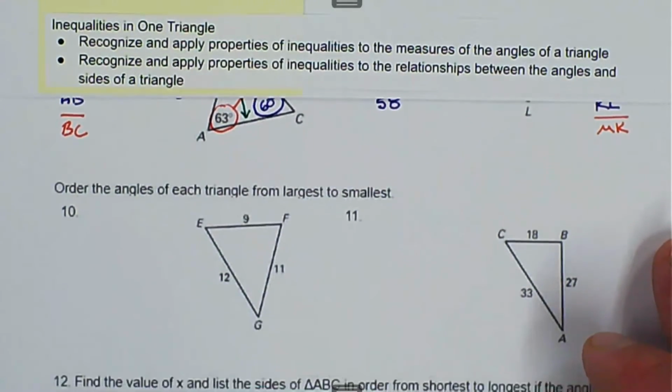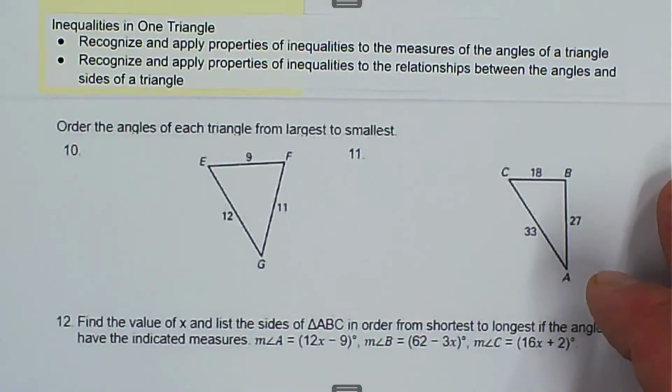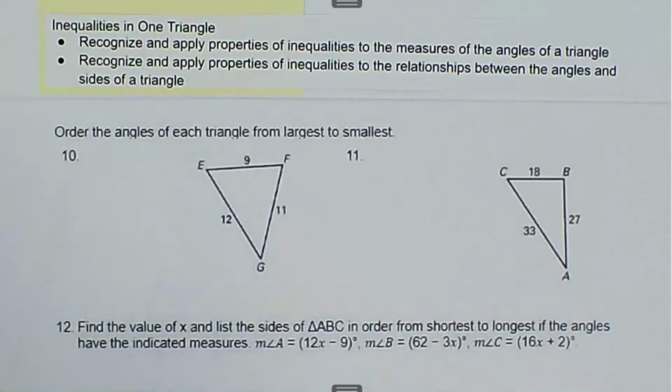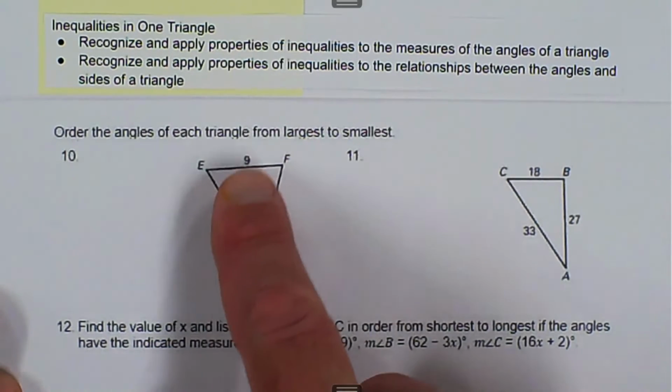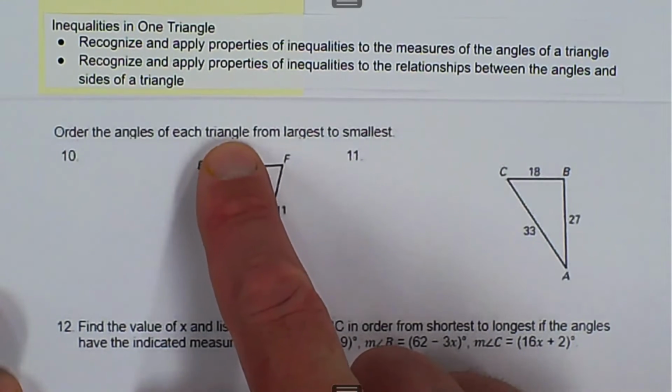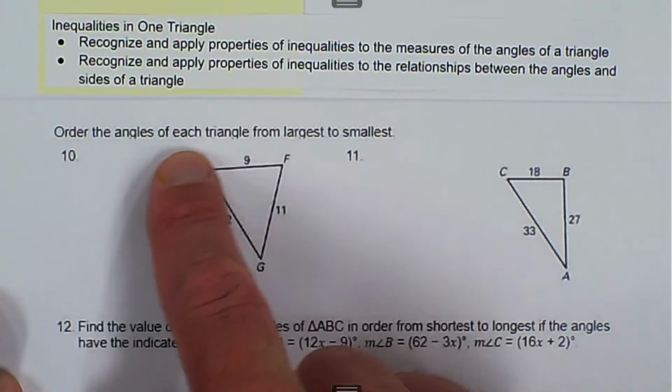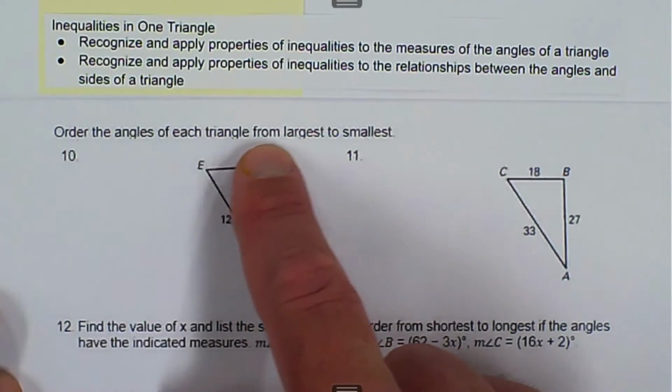We can also check in order the angles from largest to smallest. This one's a little bit easier to see sometimes, and it's the same idea. Whatever the largest side is, the largest angle is opposite. So if we look at 11, 12, and 9, this one's a little backwards. We want to order the angles from largest to smallest.